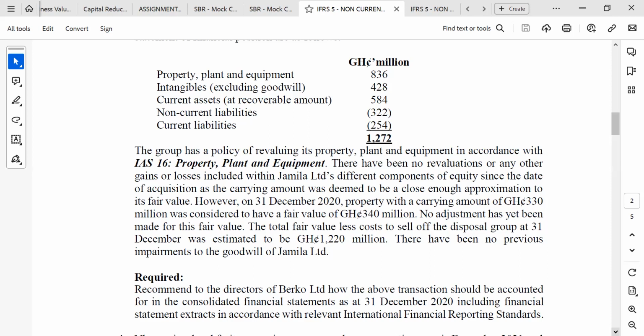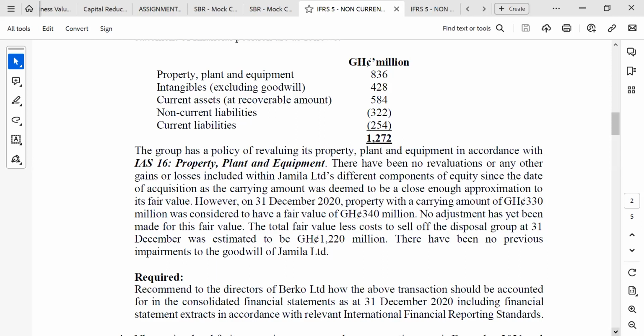However, on 31st December 2020, property with a carrying amount of 330 million Ghana cedis was considered to have a fair value of 340 million Ghana cedis. No adjustment has been made for this fair value.